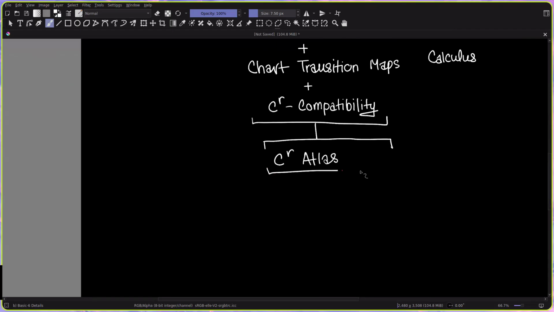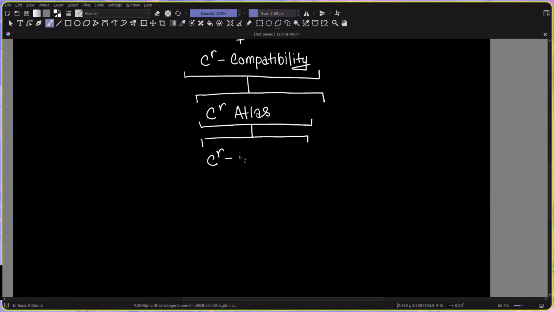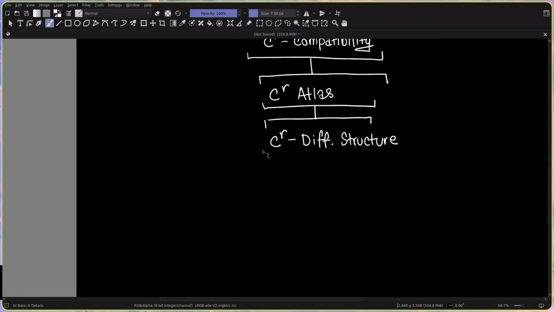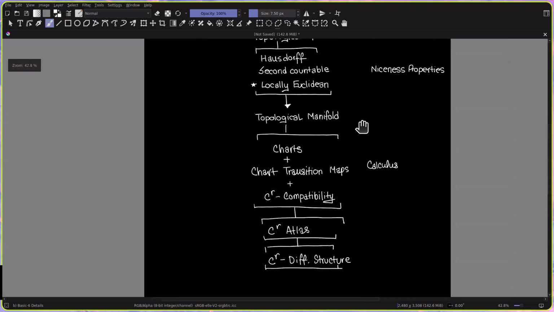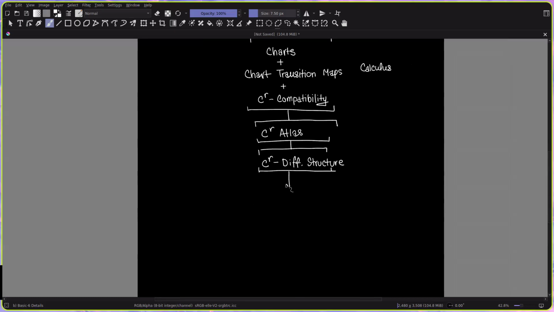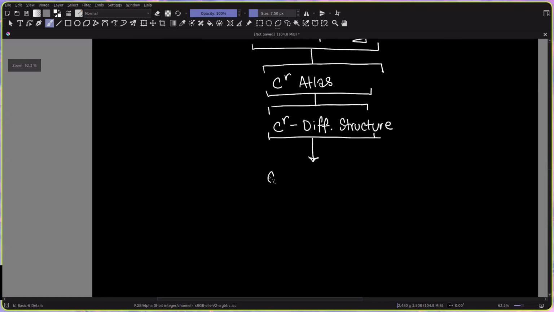which then led to something called a very specific type of C^r atlas, a C^r differentiable structure. And adding this structure, that structure that we wanted to add to do calculus, gave us finally a C^r differentiable manifold.